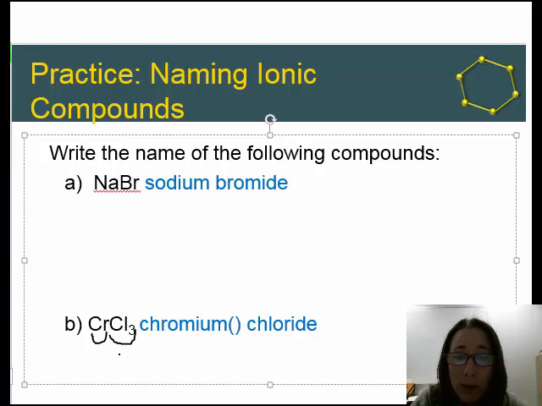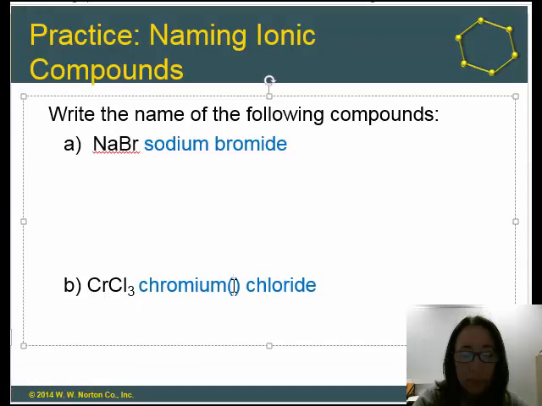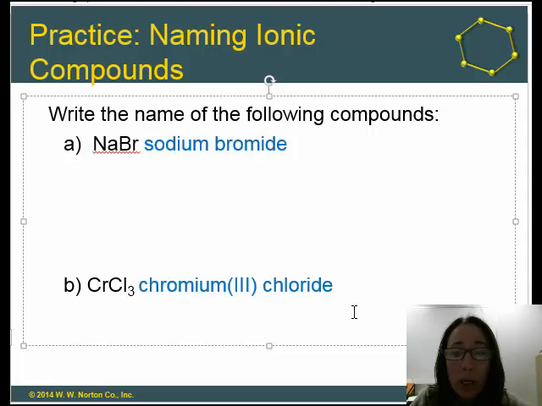So if I have 3 of them, that means I have an overall charge of -3 due to those 3 chlorides. So if my charge of the anion is -3, the charge of my cation has to be +3. So the name of this compound is chromium(III) chloride, where the 3 represents the charge of the chromium.